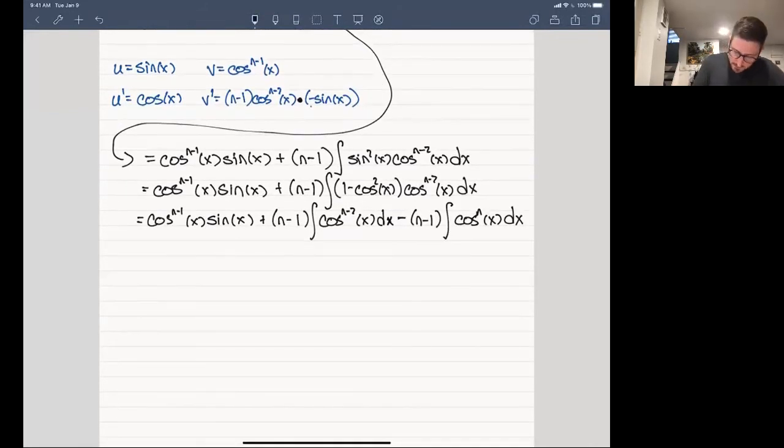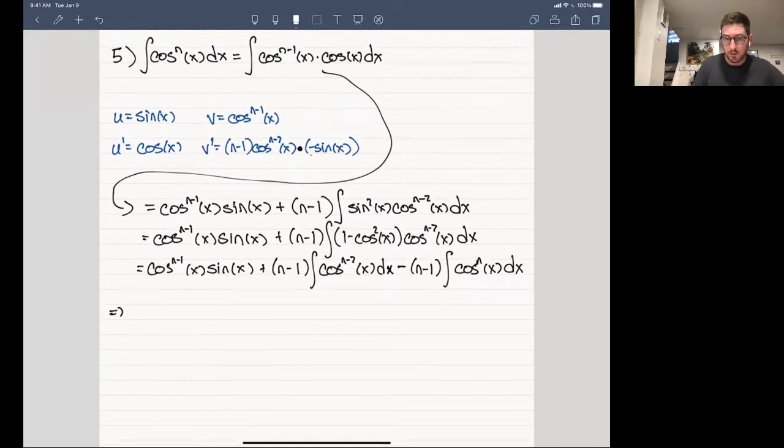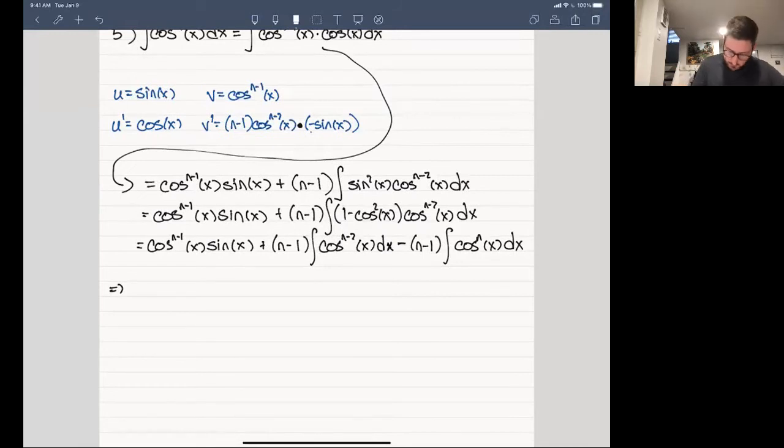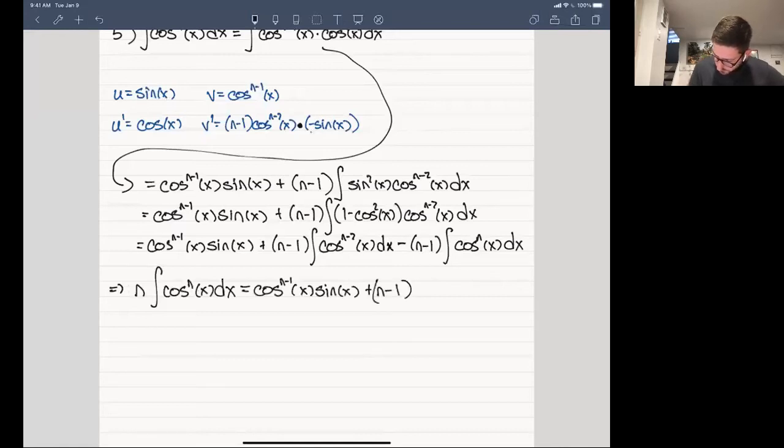So this tells me that if I pull this guy onto the left-hand side, I get n minus 1 of this integral plus another one. So that's going to give me n of them in total. So this gives me n times the integral of cos to the power of n of x dx is equal to, now let me write it all out, sine x cos n minus 1 plus n minus 1 times the integral of cos n minus 2 of x dx.